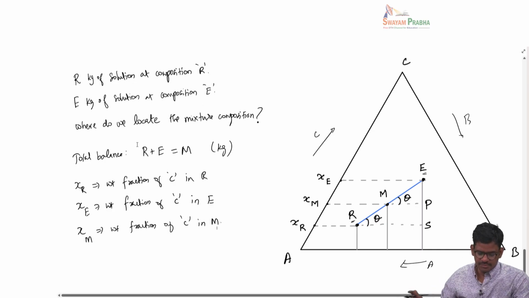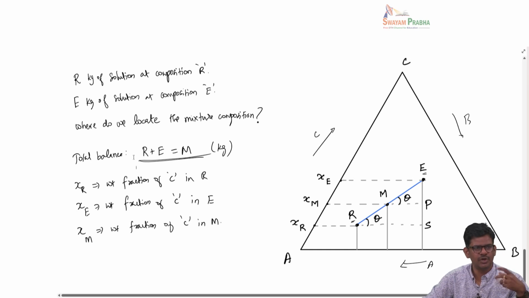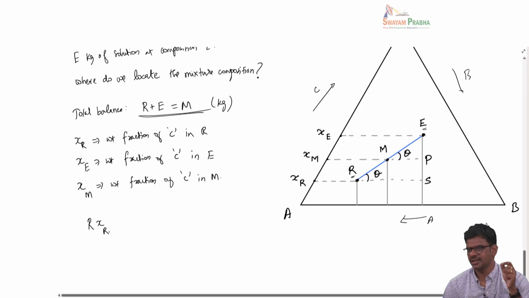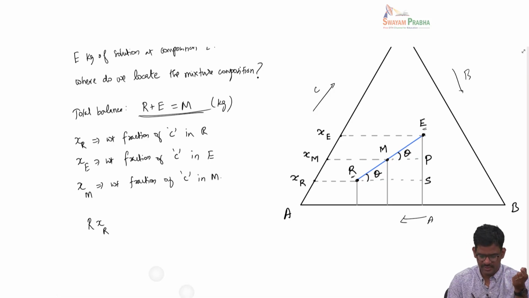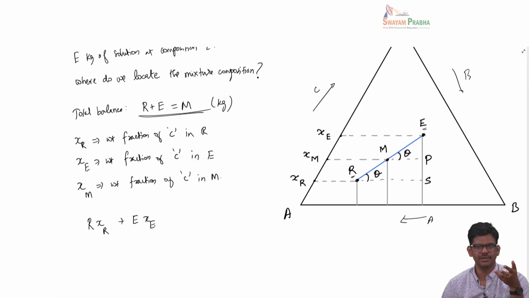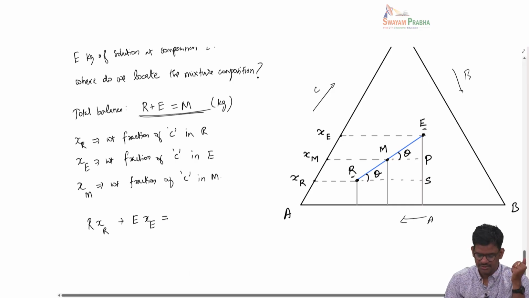So, because this total material balance has to follow, similarly the amount of C should also balance out after mixing. Okay. So, we basically take R kilograms of composition XR, so this will be the amount of C present in R, plus E times XE, this is the amount of solute C present in the solution E, and this must be equal to M times XM.